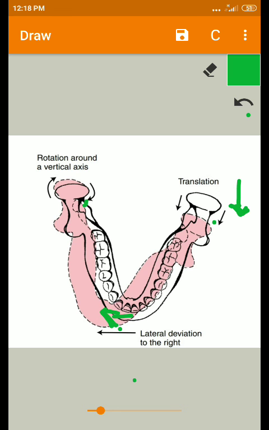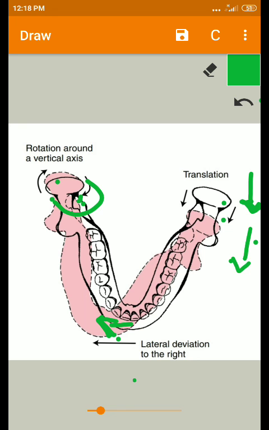For example, if the right side condyle is spinning and the left side condyle depresses, the center of the mandible will come somewhat downwards and deviate slightly towards the spinning side.